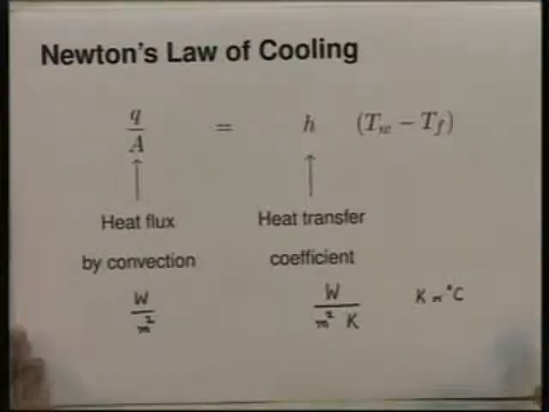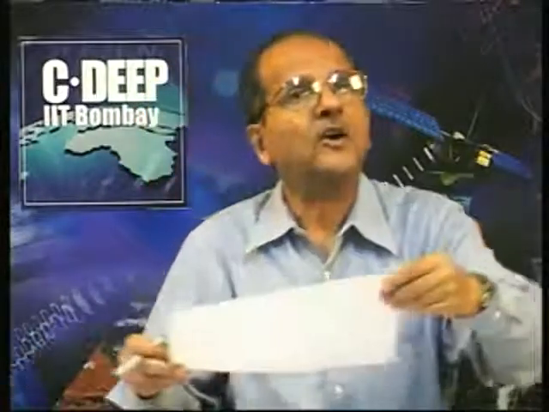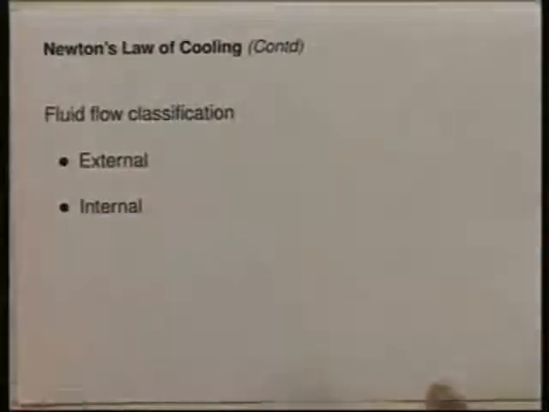All right. Now, when we define this quantity, it is useful also to talk a little bit about the fluid flow classification. I just said there is a fluid in contact with that wall. It is useful to classify the fluid flow taking place above that solid surface as being either an external flow or an internal flow. What do we mean by that?